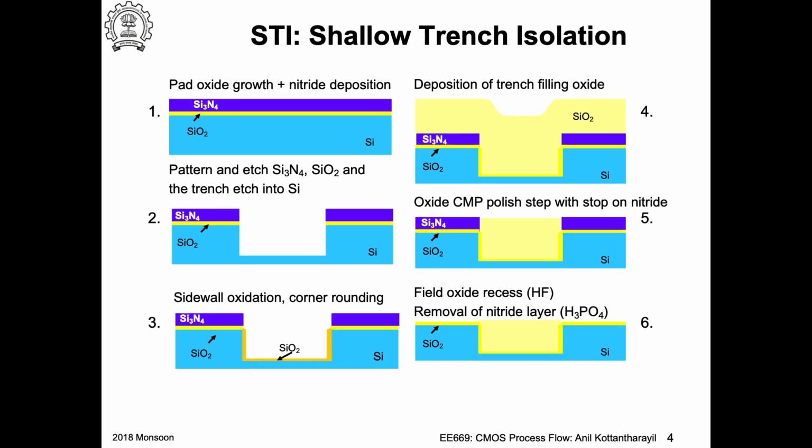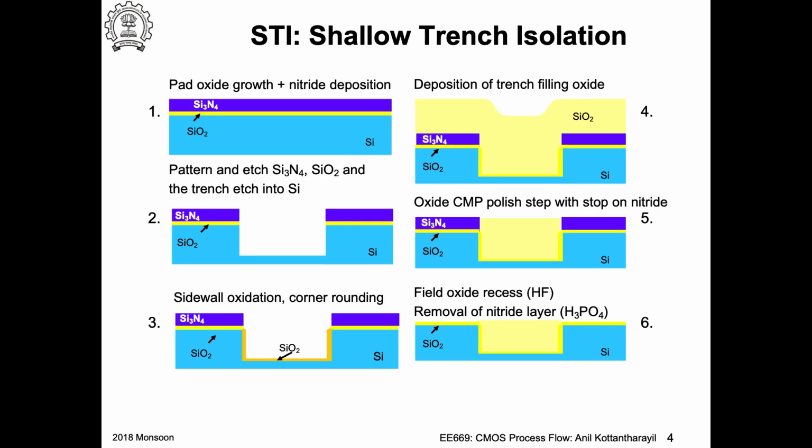And then you polish the surface so that you can get a flat surface. Okay. So this is achieved by chemical mechanical polishing, which was discussed as part of the wafer manufacturing process.